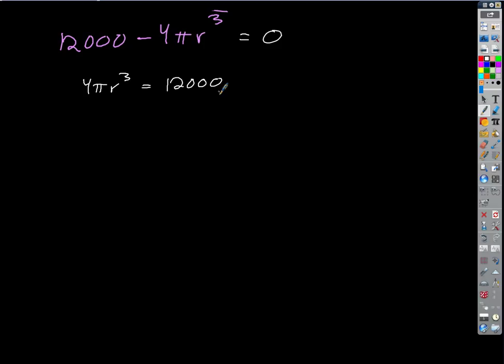That's just the volume of a sphere, isn't it? Essentially we're saying, if all the volume goes into the sphere, what would the radius be? So r is just going to equal the cube root of 12,000 over 4 pi. The 4 and the 12 would reduce, but we'll just get a decimal anyway.